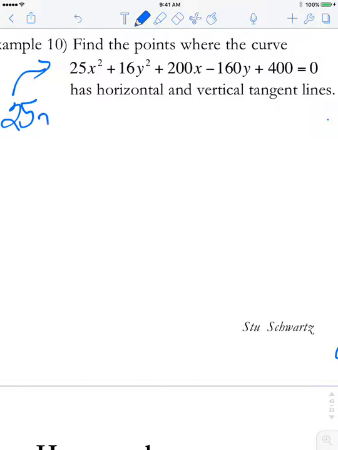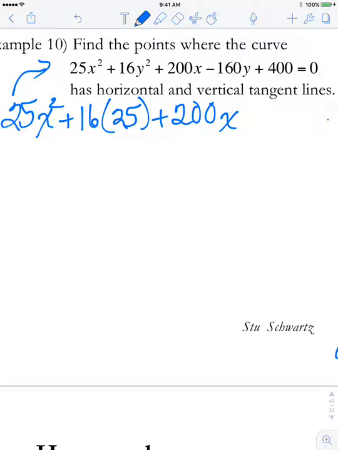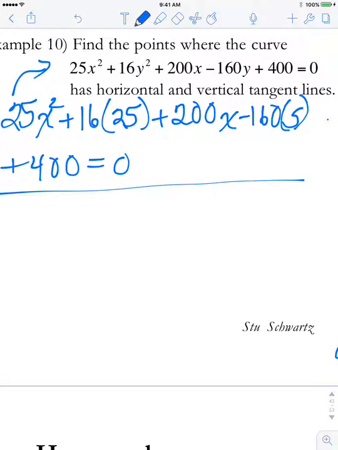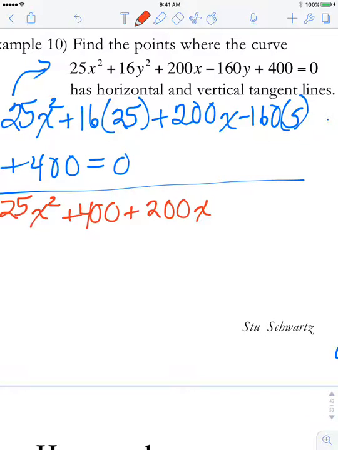So 25x squared plus 16 times 5 squared, plus 200x minus 160 times 5 plus 400 equals 0. 25x squared plus 16 times 25 is 400 plus 200x, and 160 times -5 is -800 plus 400. Look how nicely that worked out, equals 0.